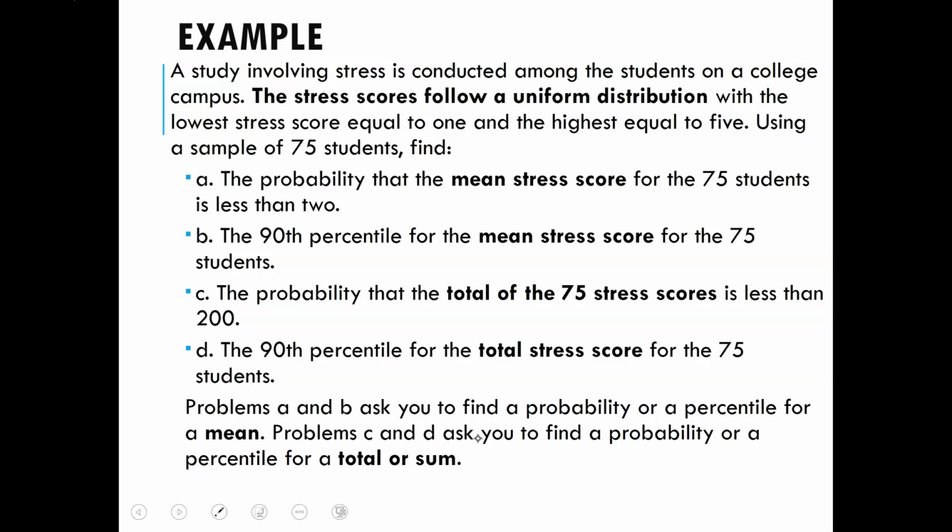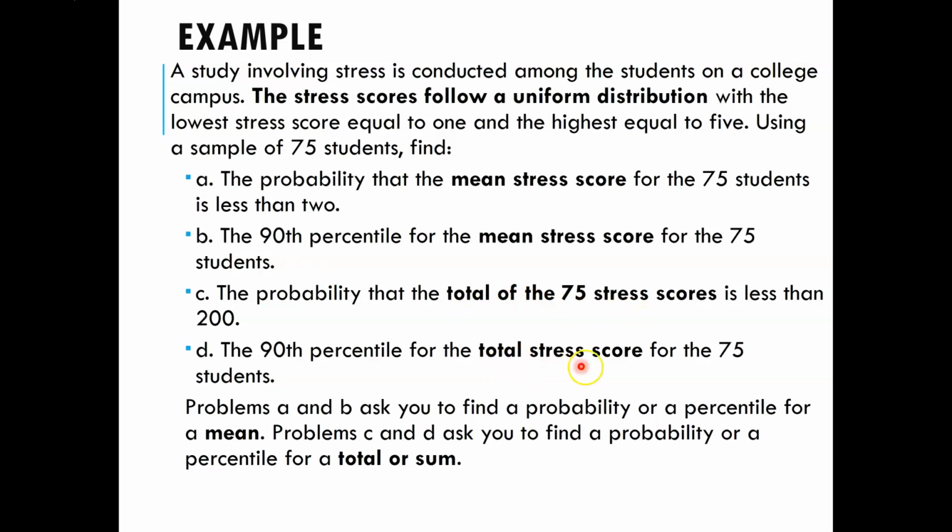All right. So they want us to find the probability of the mean stress score being less than 2 and the probability of the mean stress score being the 90th percentile. Then they want me to switch and find the total of the 75. That's the sum, right?